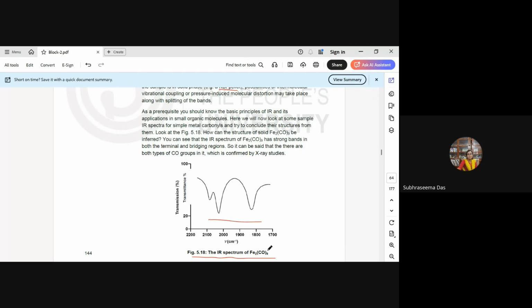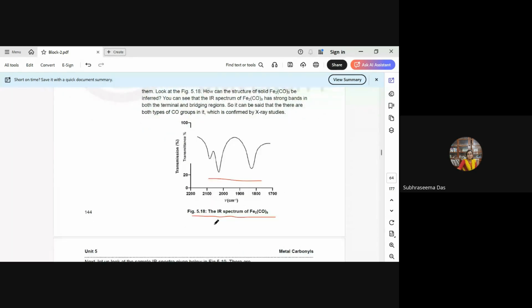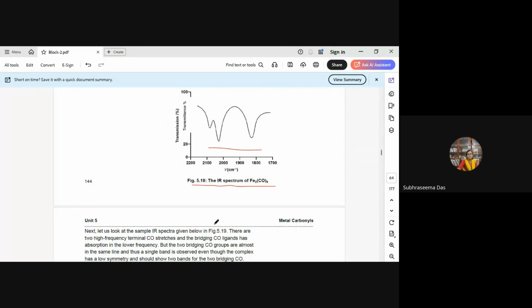So first we will draw the structure of Fe2CO9. When we draw the structure, we see it has both terminal carbonyl groups and bridging carbonyl groups. So it can be said that both types of CO groups are present in it. Here we first try to know which type of carbonyl complex we are dealing with.